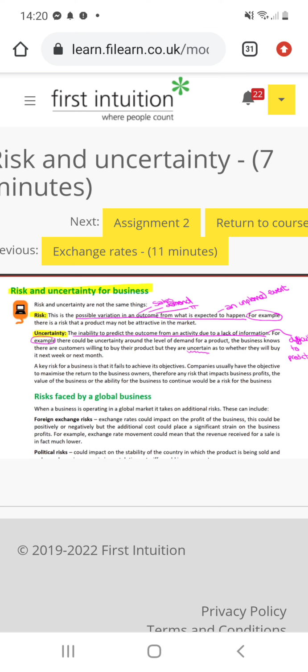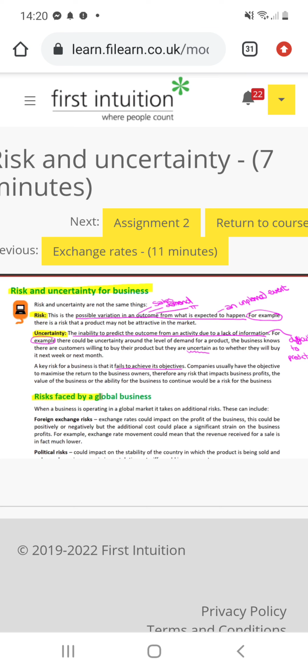A key risk for a business is that it fails to achieve its objective. And companies usually have profit and maximising returns to shareholders, the business owners, as their main objective. Therefore, any risk that impacts on business profits will be a risk for the business.